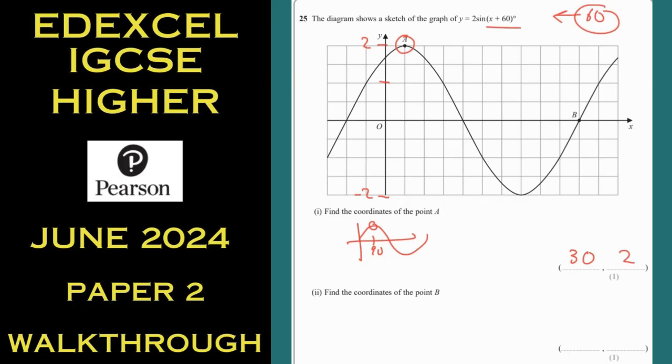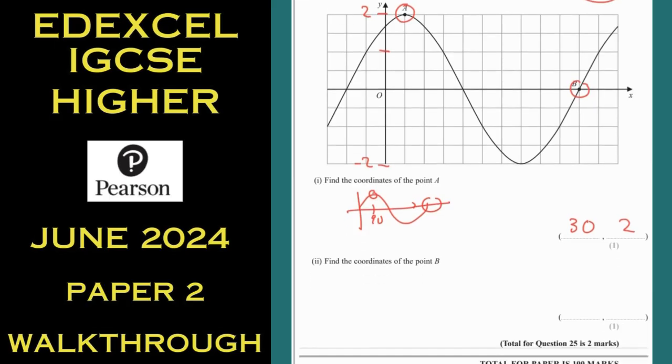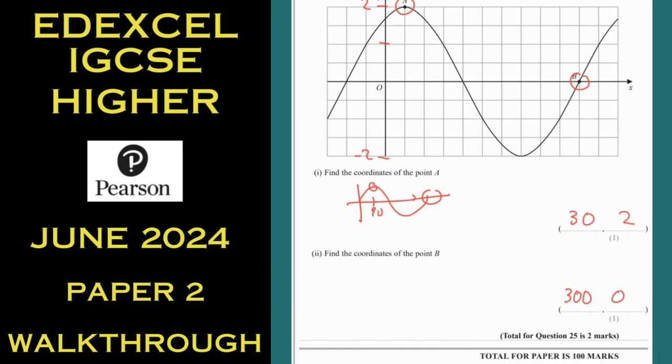Find the coordinates of B. B is the point of intersection, which, as we've just said, normally happens there. That's 360. So not anymore. It's moved left 60. So that means it's moved in to 300 and its height is 0.